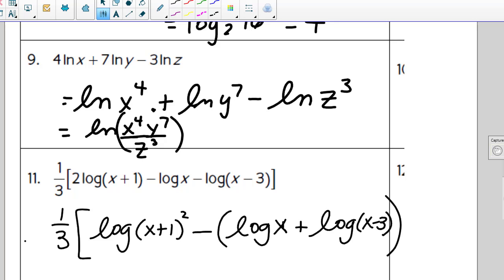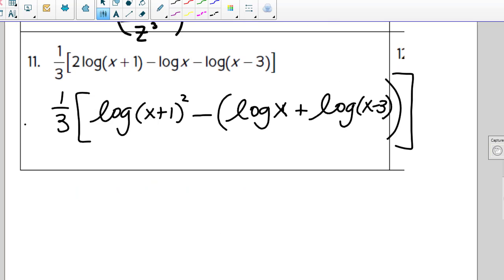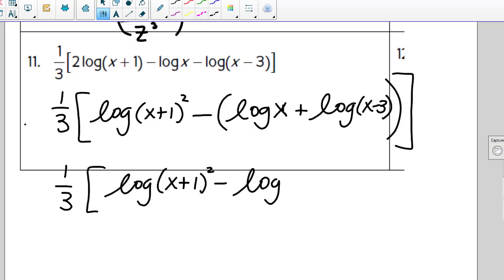I could factor that minus out. So now in parentheses, we still got the 1/3 on the outside. This is log of x plus 1 squared minus, this piece is going to become a what? What we have here in parentheses, it's a product, right? So log of x times x minus 3.